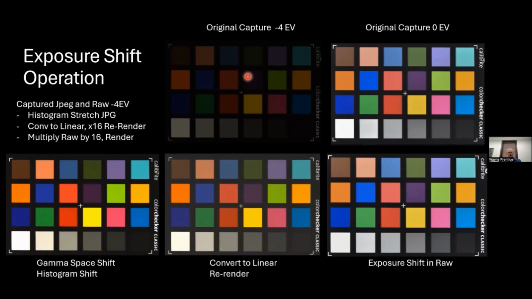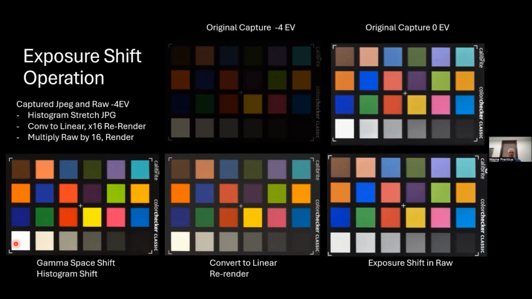If I took the capture again at the right light level, I would get this. If I were to take this image, go into a raw editor, and add a 16x gain, and then render it, I get this. So let's look at the results here. These two are pretty gosh darn identical. This is not a bad approximation of this. And this one is very contrasty.